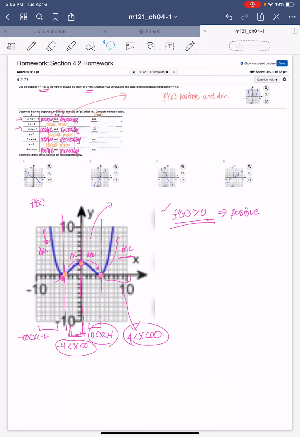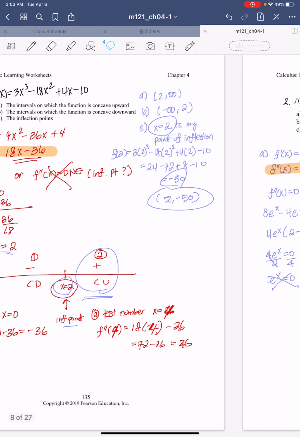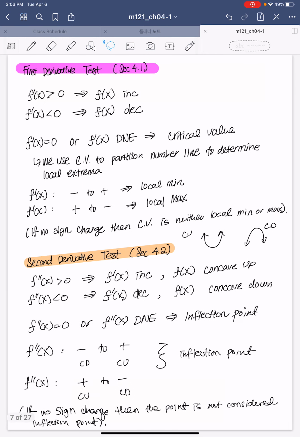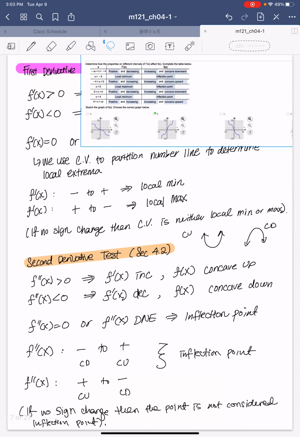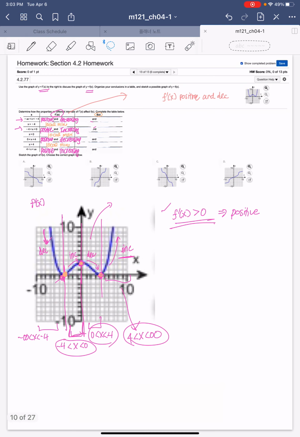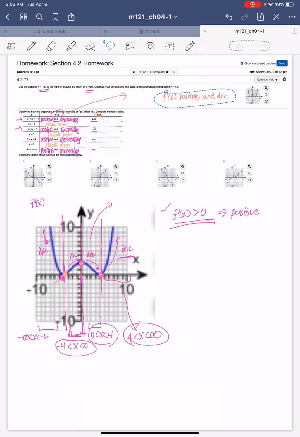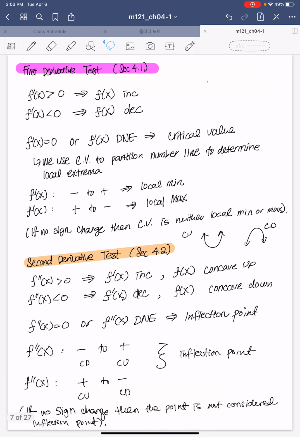So I'm going to be copying this and then paste it over here to see. Oh. Okay, let me copy it again. Only handwriting. Paste it over here and match up.